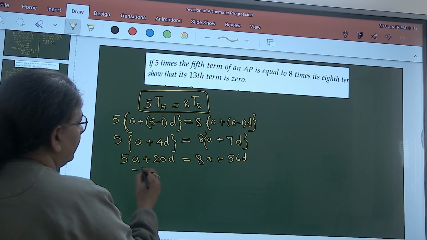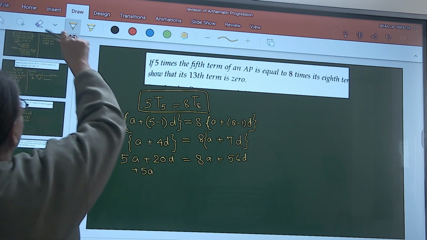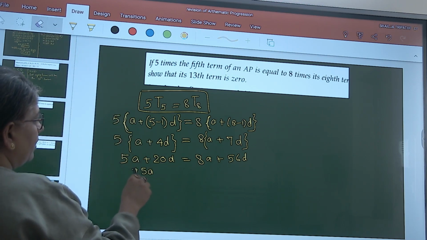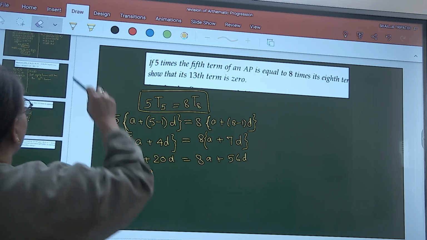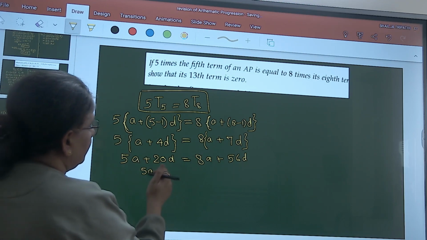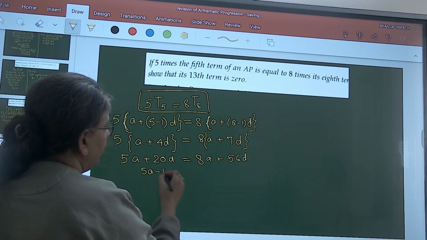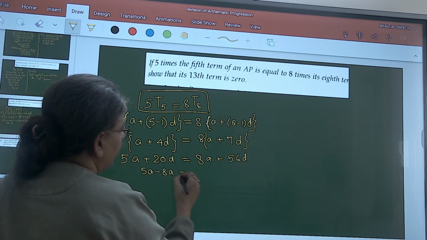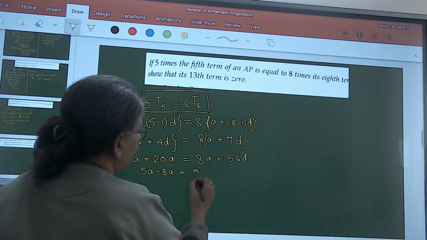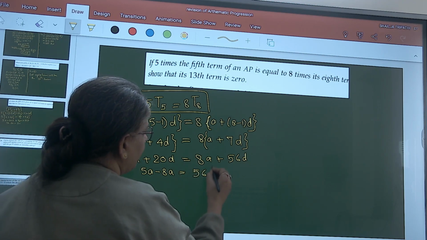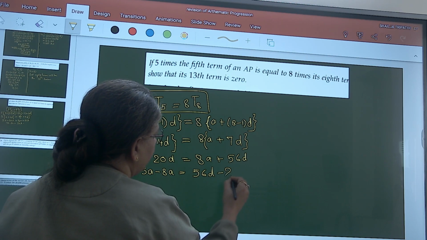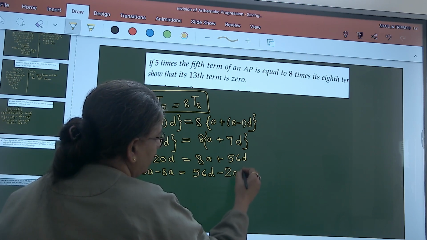See, minus 5a, sorry, there's no need to write this plus sign. So minus 8a is equal to 56d minus 20d.